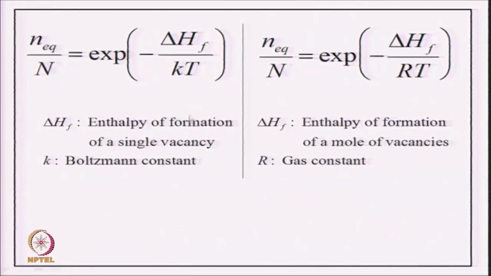If it is K, it is enthalpy of formation of a single vacancy, and if it is R in the denominator, then delta HF is enthalpy of formation of a mole of vacancies.